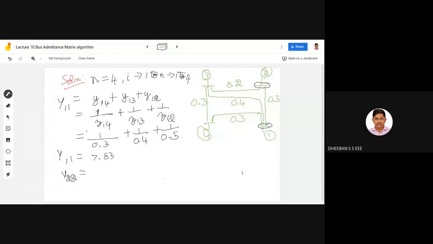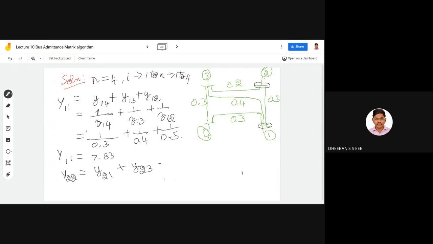Now coming to the second bus, y22. It is connected with y21 plus y23.